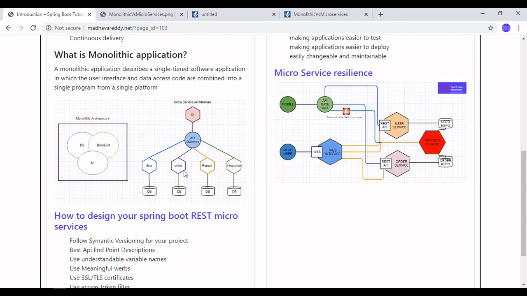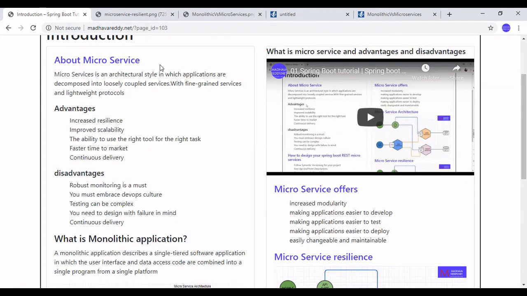In the same manner, order services also work the same way. That means each and every service is independently deployed and independently works. In summary, microservices is a simple architecture style.